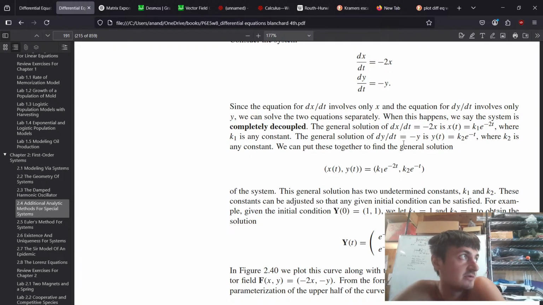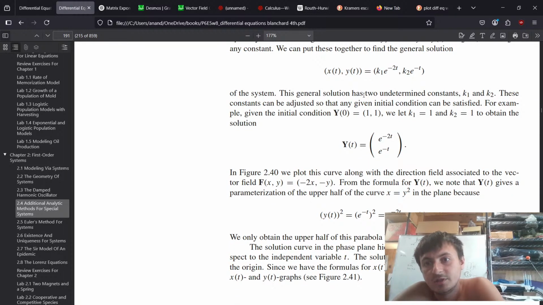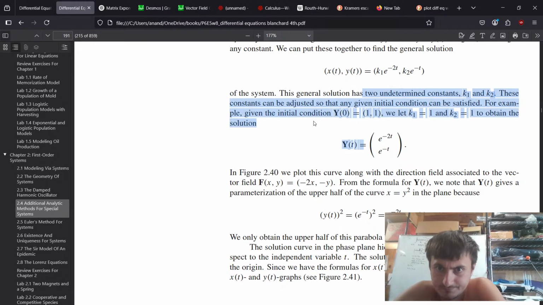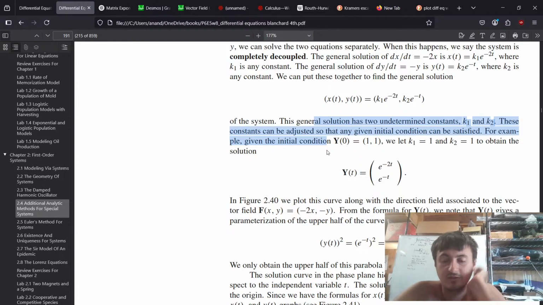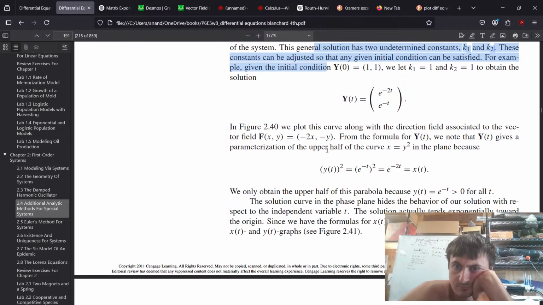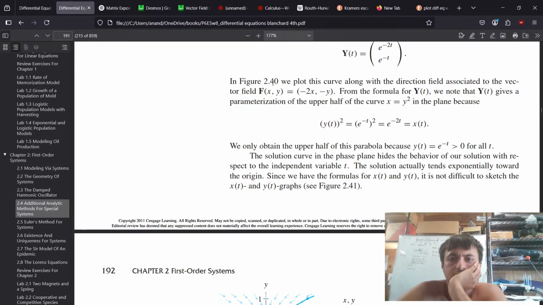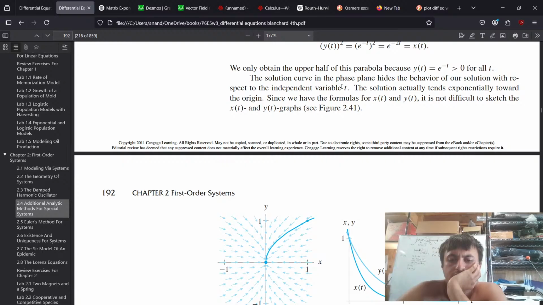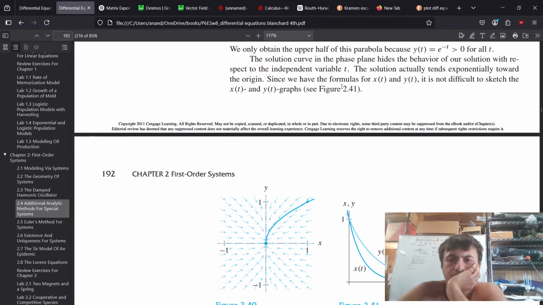The general solution has two undetermined constants, to satisfy any additional condition, right? Okay.